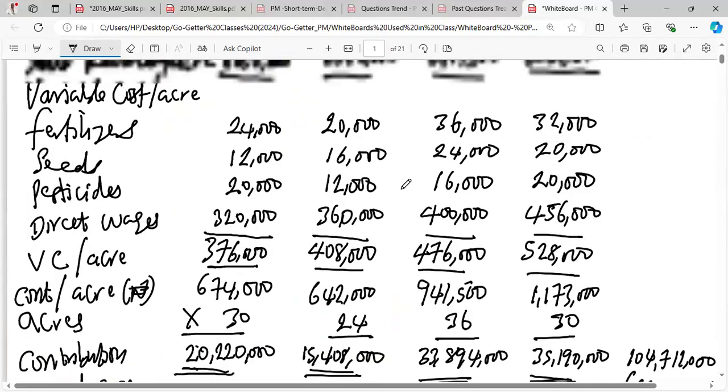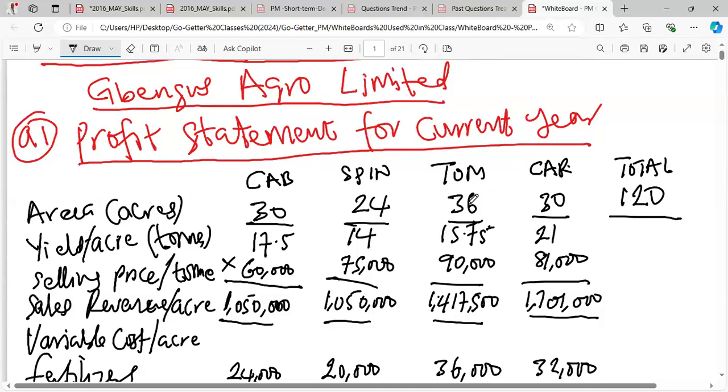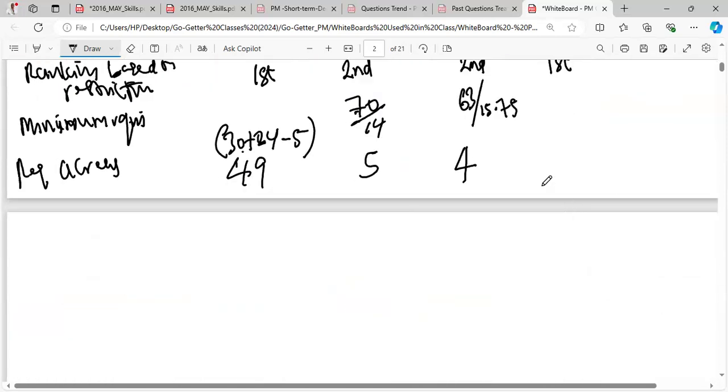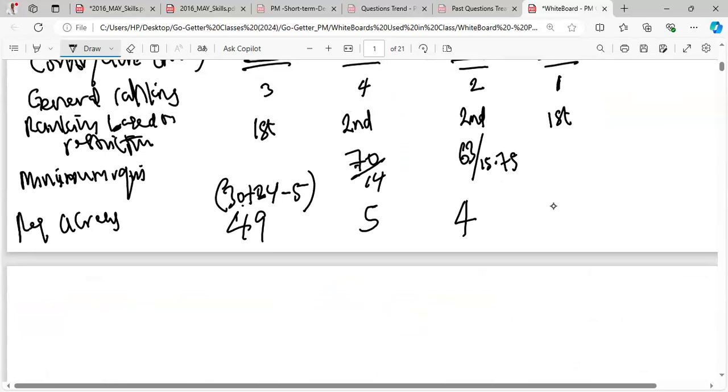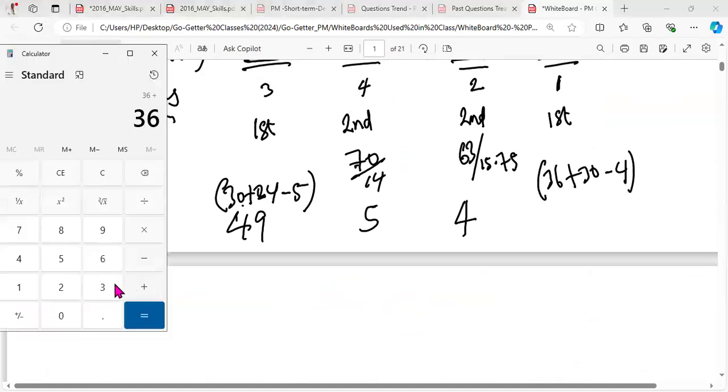So the remainder will be occupied by carrots. So this is 36 and 30. I will say 36 plus 30 minus 4 that you've given out to tomatoes. Sorry, this is going to be 30 minus 4. That should give you 62.